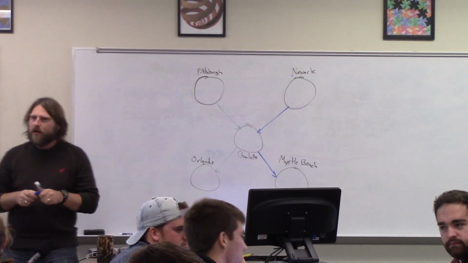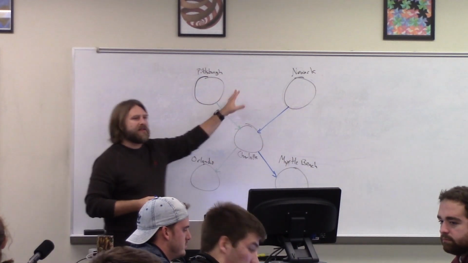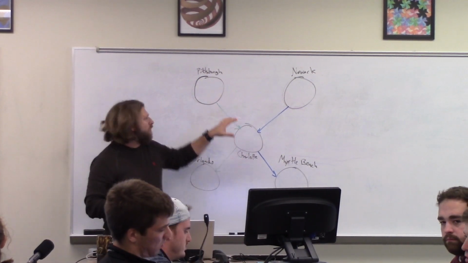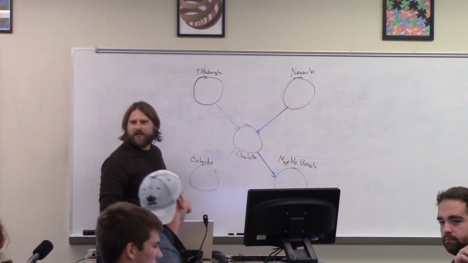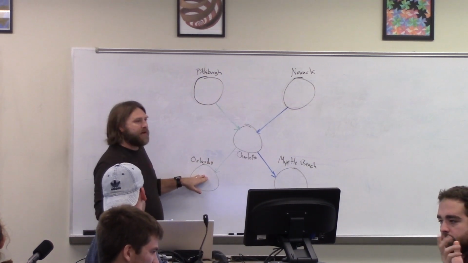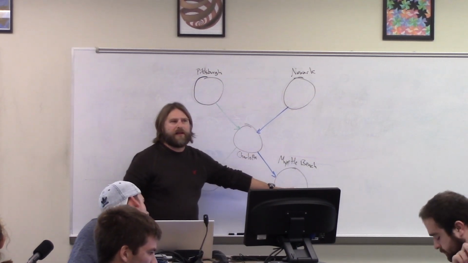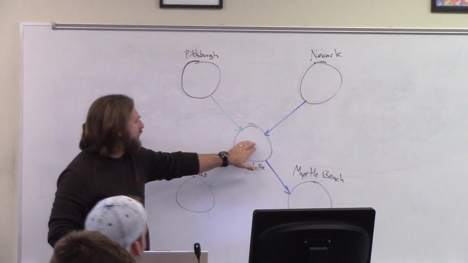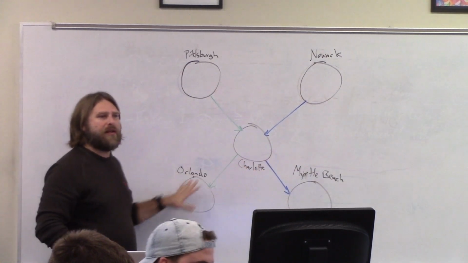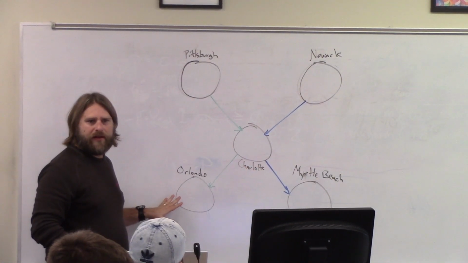But that doesn't mean the passengers have to stay with the planes. We can start at Pittsburgh and end at either of these 2 destinations by either staying on the green plane or switching to the blue plane here. The same is true if we start at Newark: we can stay on the blue plane or switch to the green plane here.